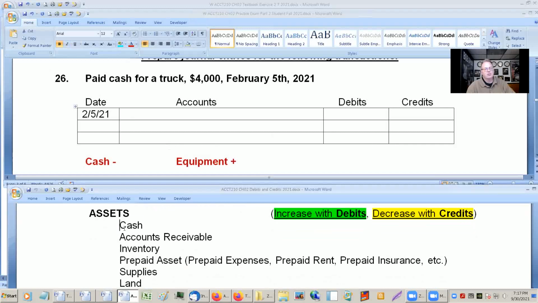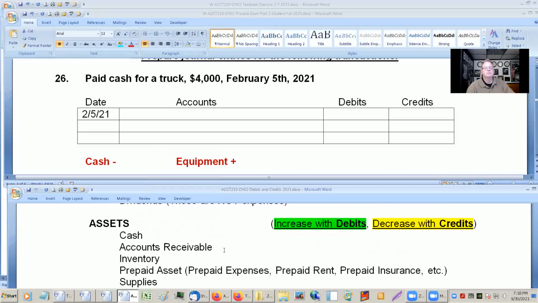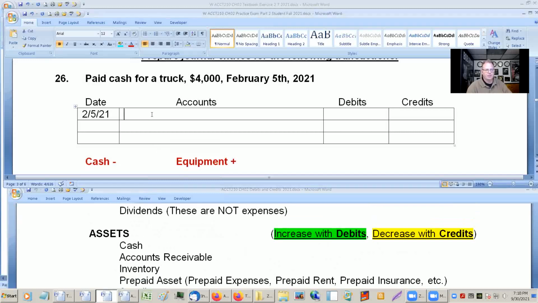Cash is going down with a credit. Equipment, which is a truck, is going up with a debit. Is this confusing when I put in the asset plus stuff? I don't know if that makes it better or worse. The only reason I put that in there is so that people know how I came up with a debit and credit.